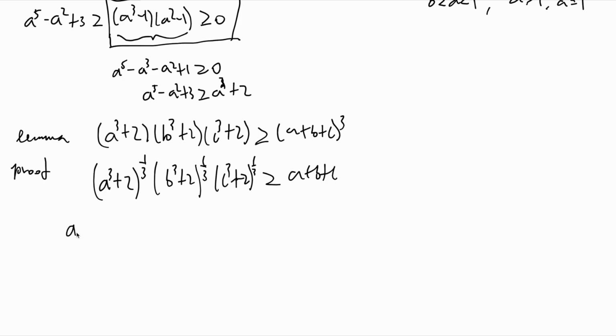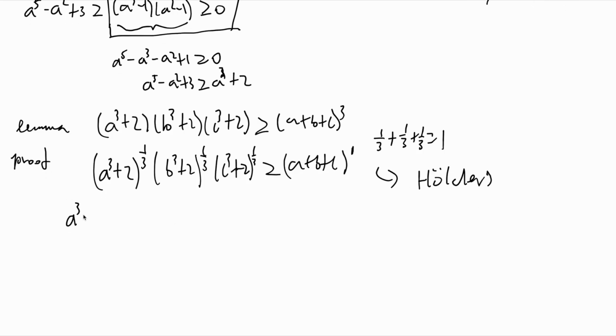Now let's change the form a bit. And the reason why we can do this is because you know that 1 over 3 plus 1 over 3 plus 1 over 3 is equal to 1, and we have 1 right here. That means this should remind all of us of Hölder's inequality.